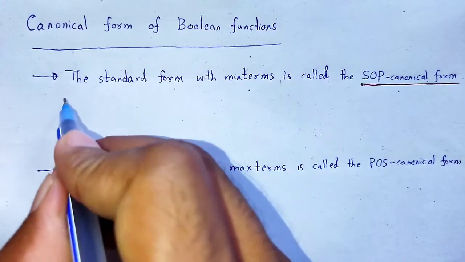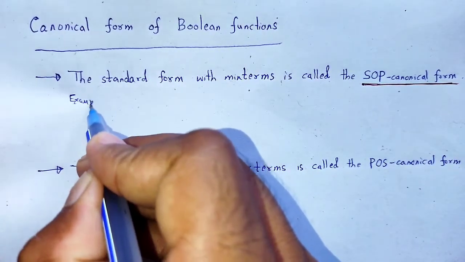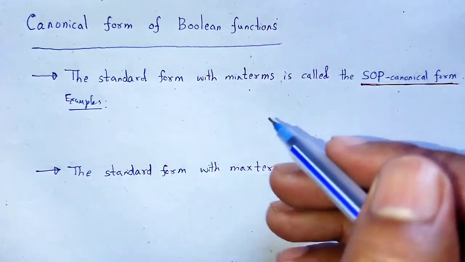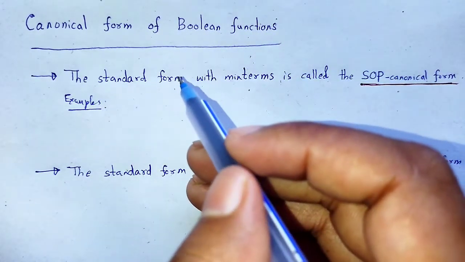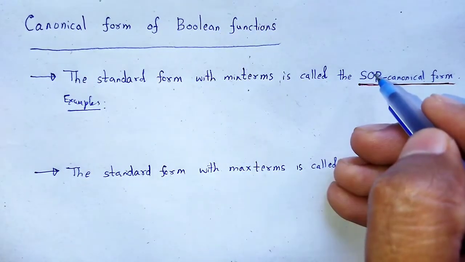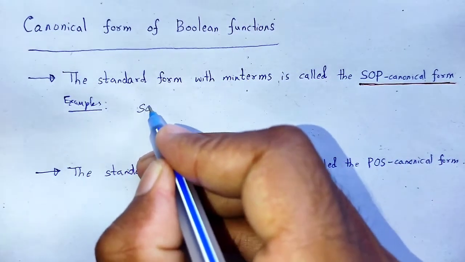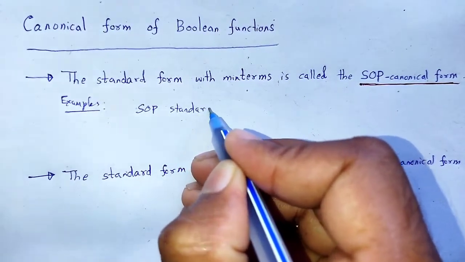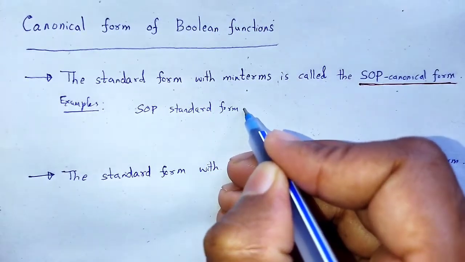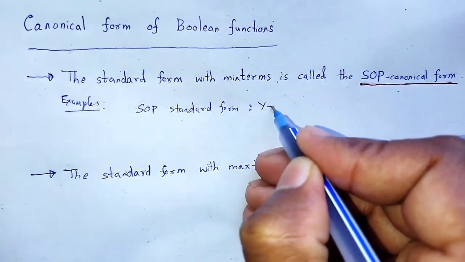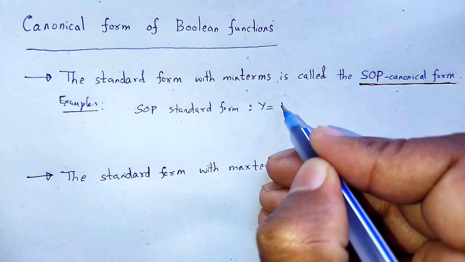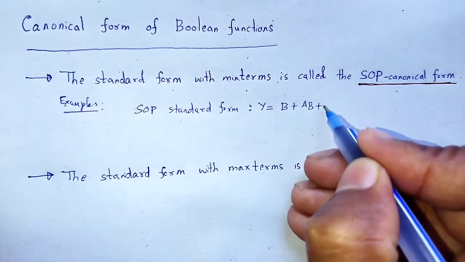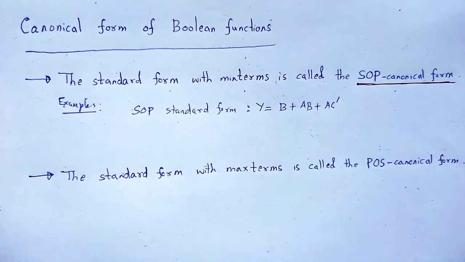An example. First we write the standard SOP form. Let the expression be y equal to b plus a b plus a c dash.